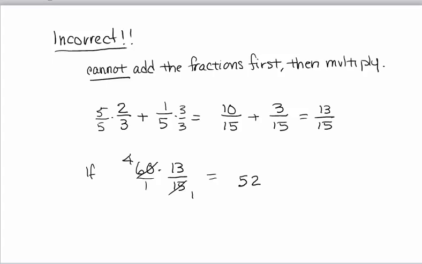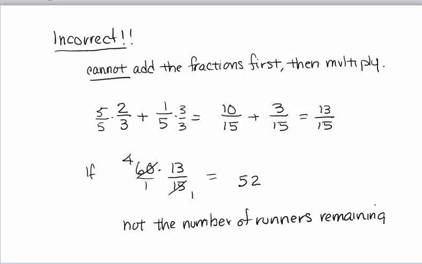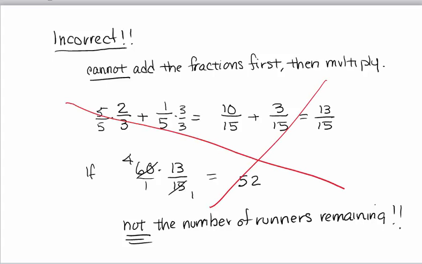That's going to give me an answer of 52. This is not the number of runners remaining. Okay, so this is wrong. This is the wrong way to do it.